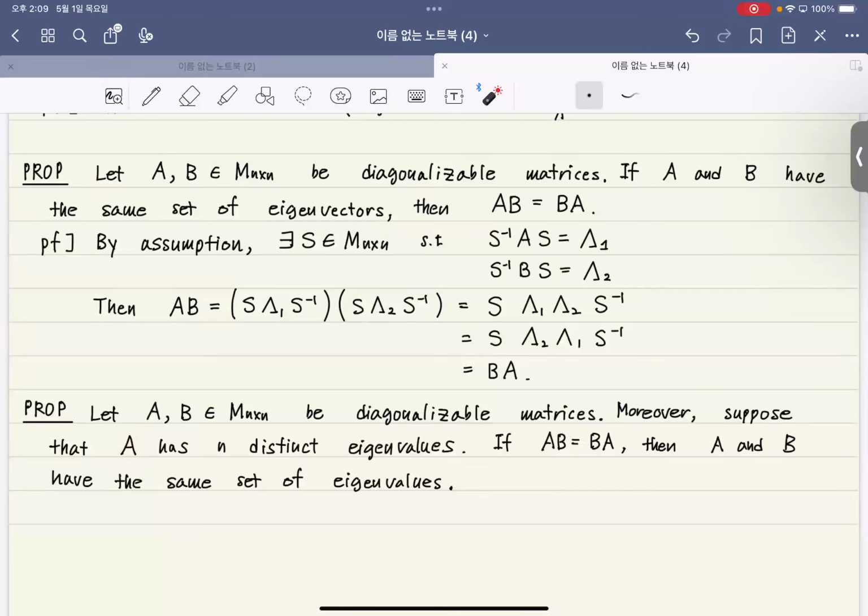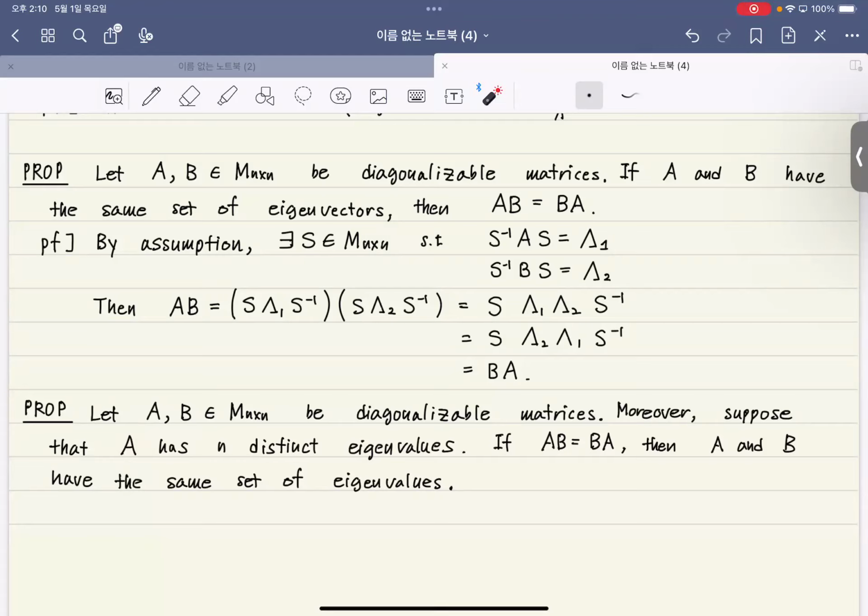So A is an n by n matrix with n distinct eigenvalues. That implies that every eigenvalue of A has geometric multiplicity equal to 1. They are all one-dimensional spaces.